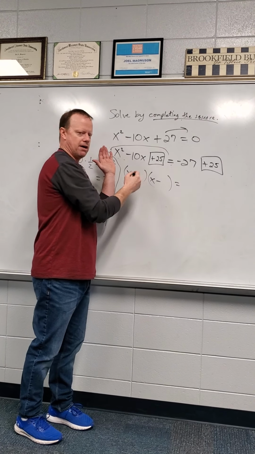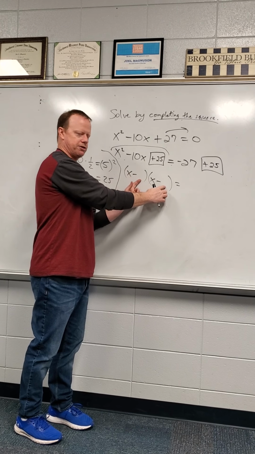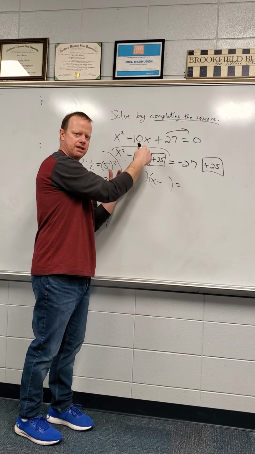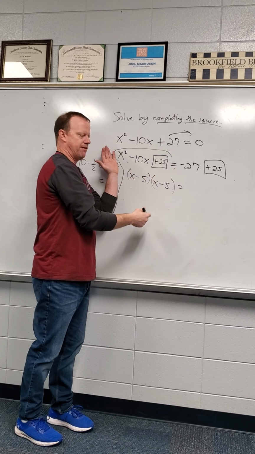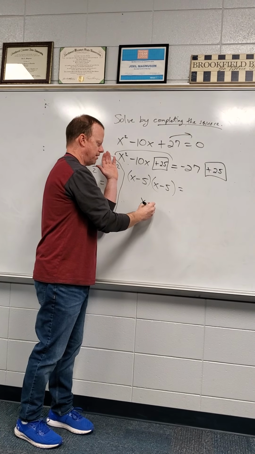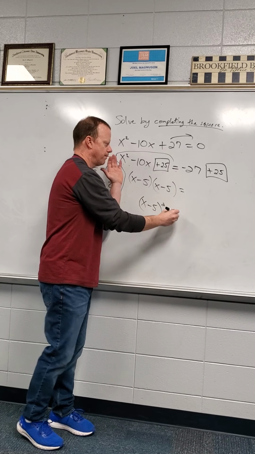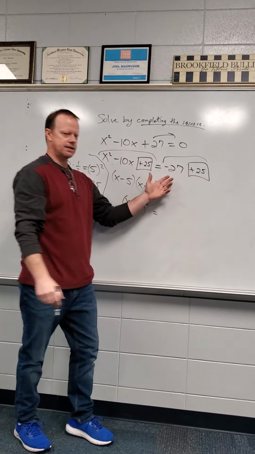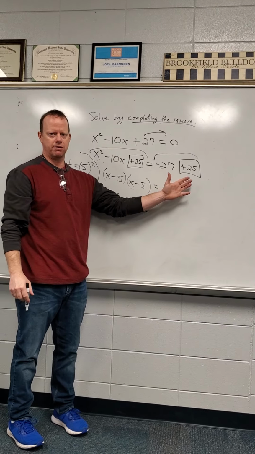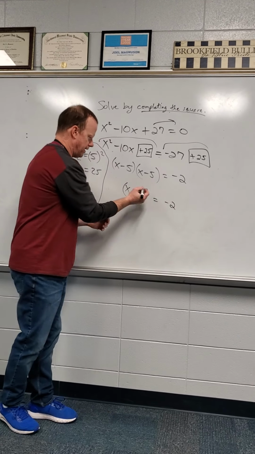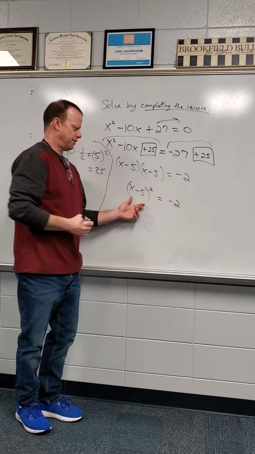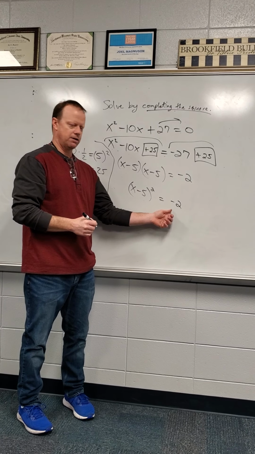My signs will be minus, minus, and then numbers that multiply to 25 that add up to 10 would be 5 and 5. So that's how that trinomial factors, which we're going to write as x minus 5 quantity squared. Over here on the right hand side, negative 27 plus 25 is a negative 2. So now we have x minus 5 quantity squared equals negative 2.